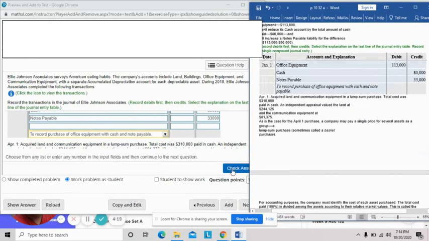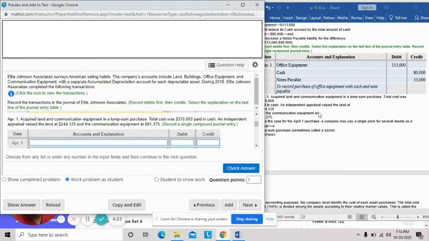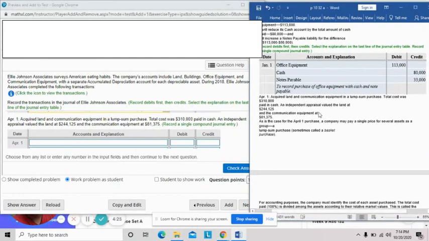So on April 1st, if you look at both sides of the problem here, we acquired land and communication equipment in a lump sum purchase. The total cost of the land and communication equipment was $310,000. An independent appraisal valued the land at $244,125 and the communication equipment at $81,375.